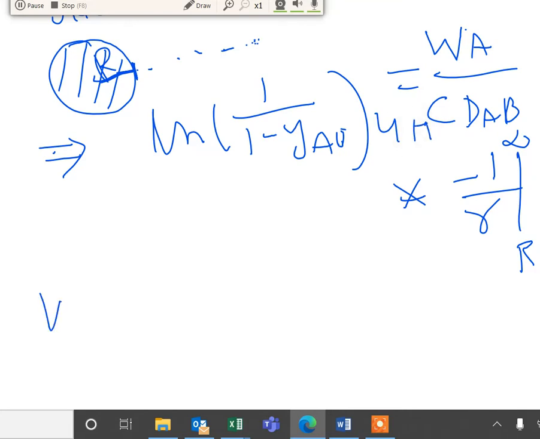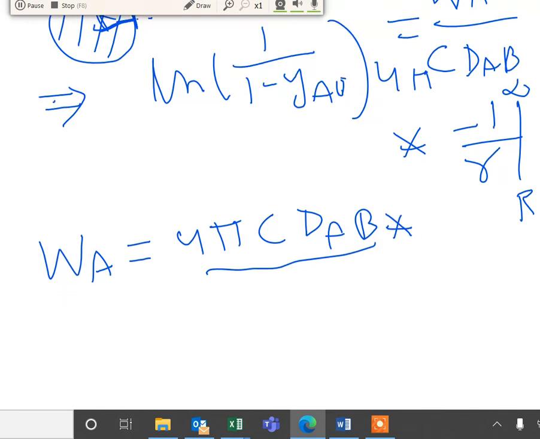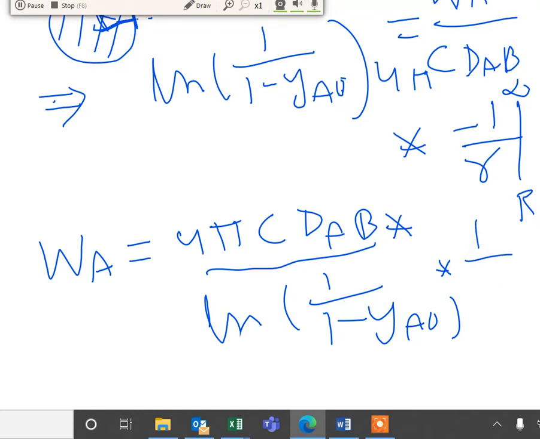So WA, the rate of diffusion, mole per unit time, will be, with 1 over infinity 0 and 1 over R, basically 4 pi C DAB times ln of 1 over 1 minus yA0, and 1 over R coming from integration.